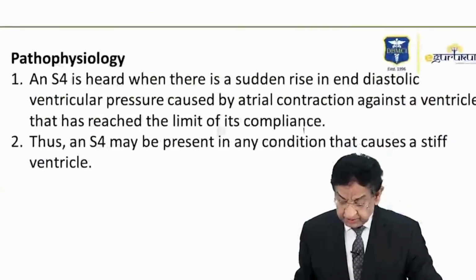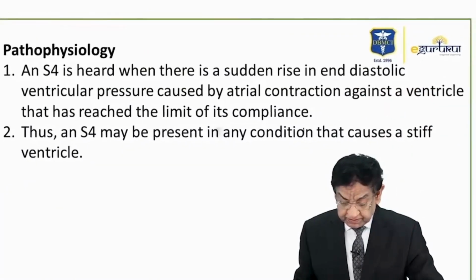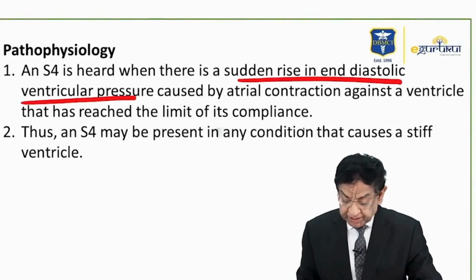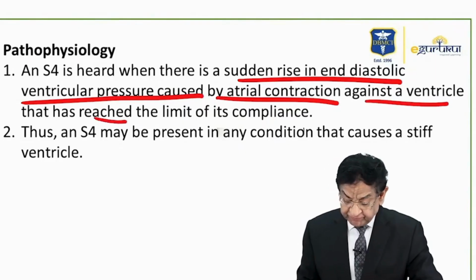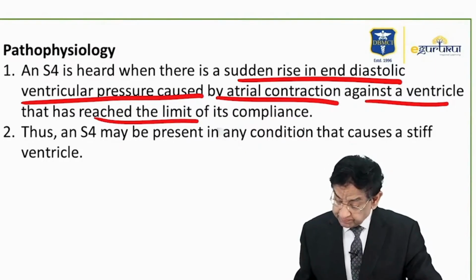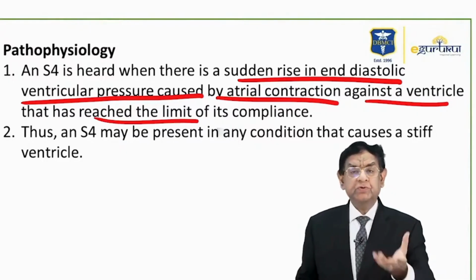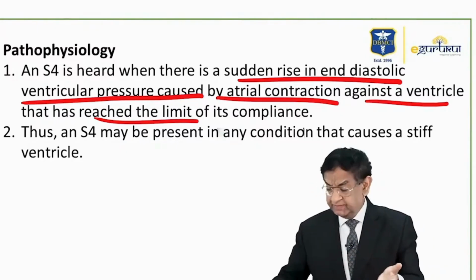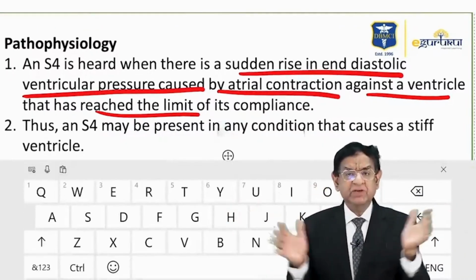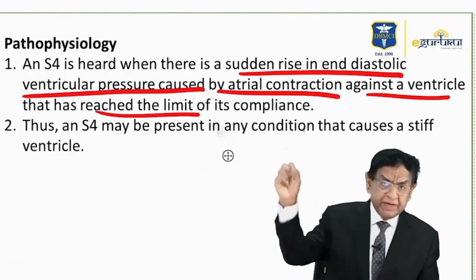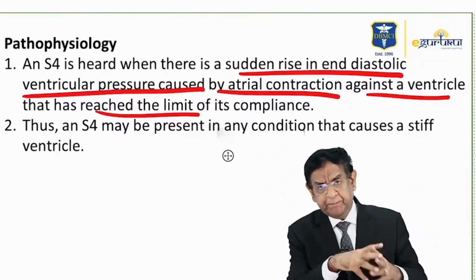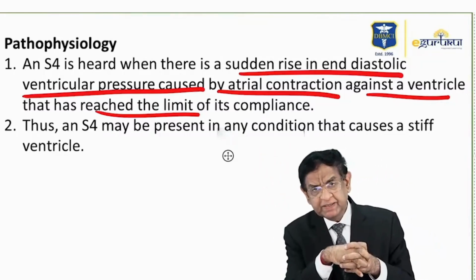Now, I told you, this will be produced when there is a sudden rise in end diastolic ventricular pressure caused by atrial contraction against a stiff wall. So the wall is stiff, the ventricle is not in a position to dilate more, and now the atria are trying to push the extra 30% of blood.